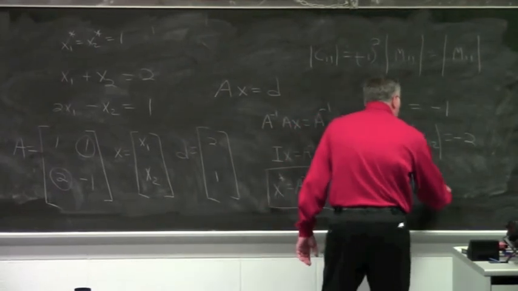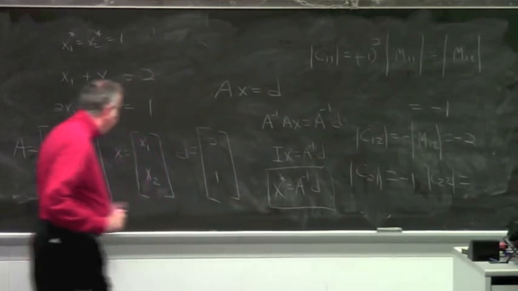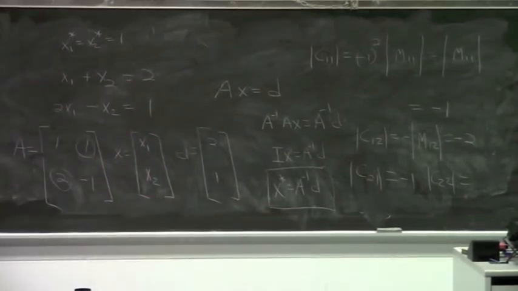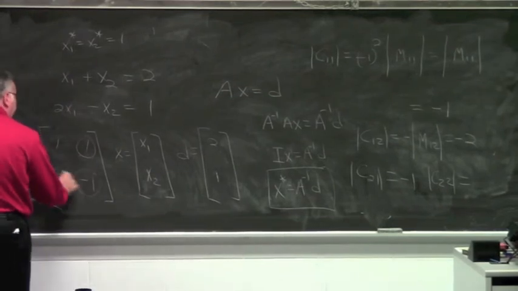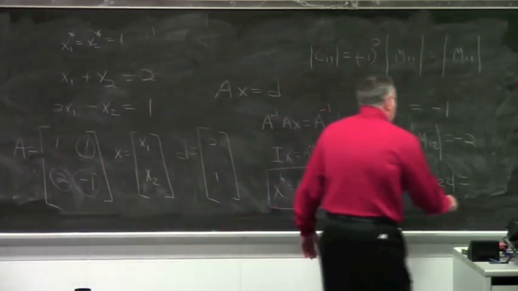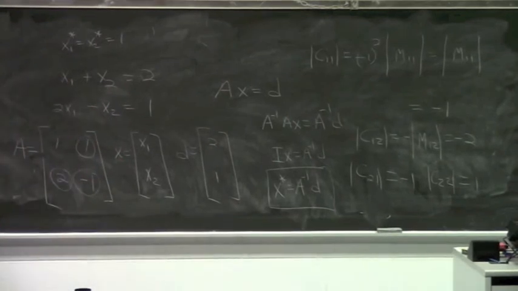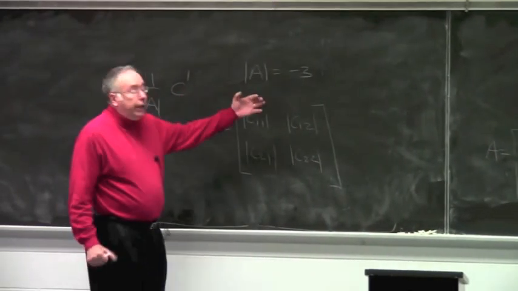And what is C22? Anybody? What is C22 going to be? 1. Not negative 1, but 1. The cofactor of this element is just its minor, which is 1. Okay. So that's the cofactor matrix. You transpose it, multiply it by 1 over minus 3, and you got your inverse.